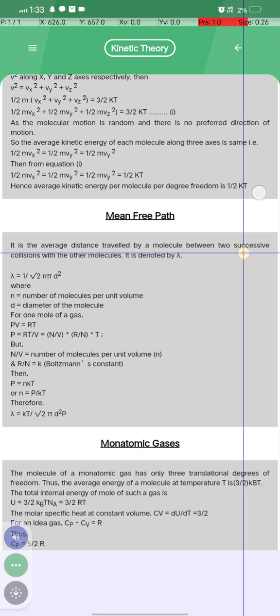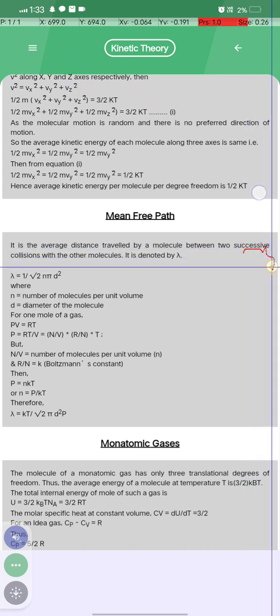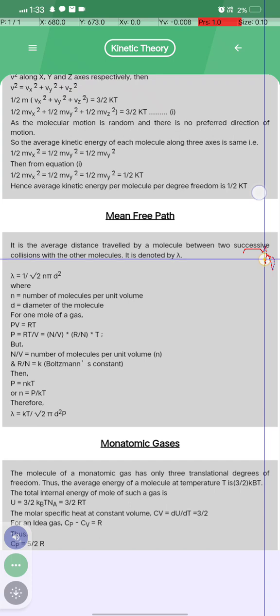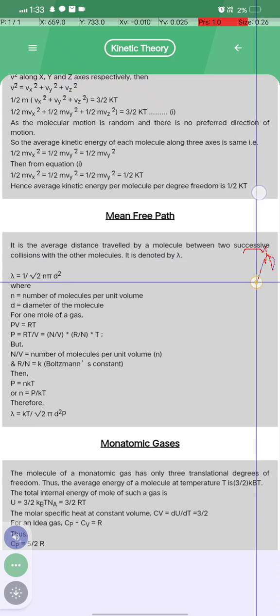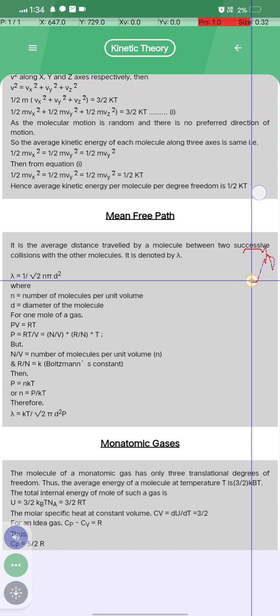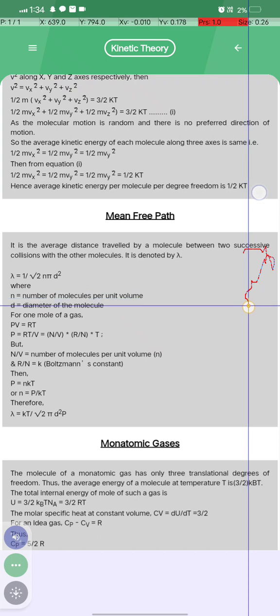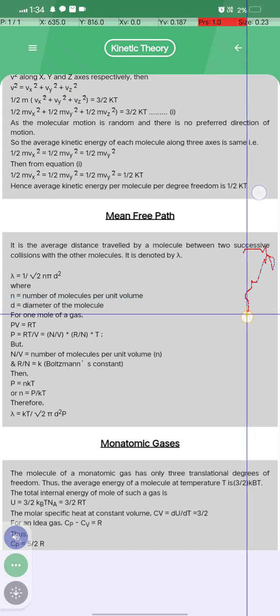What is mean free path? It is the average distance travelled by a molecule between successive collisions with other molecules, and it is denoted by lambda. Lambda is equal to 1 by root 2 n pi d squared, where n is the number of molecules per unit volume and d is the diameter of the molecules.